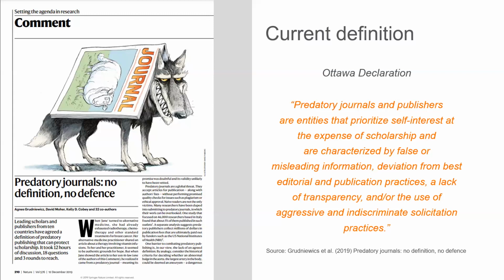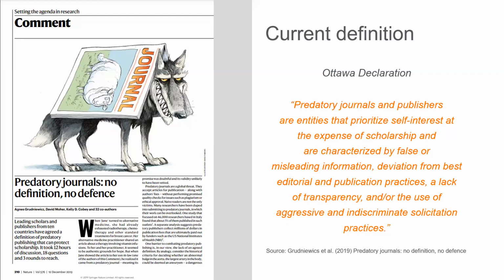The reason why everybody was not comfortable with his definition is that they found that he was too anti-open access, right? So I don't have enough knowledge to really say whether that was true or not, but there were some academics or people within the academic ecosystem that thought that he was too narrowly minded around the whole concept of open access related to predatory, right?